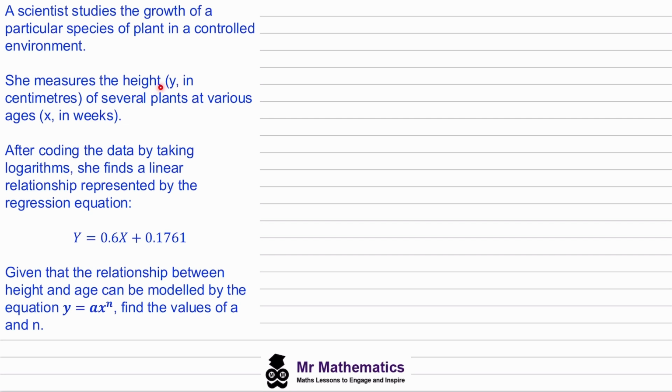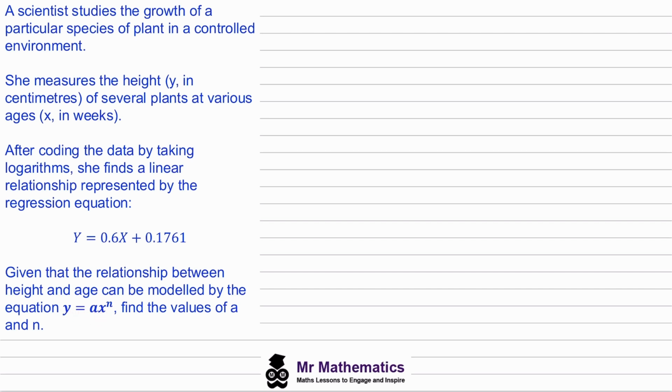She measures the height y of several plants at various ages, and after coding the data by taking logarithms, she finds a linear relationship represented by this regression equation. Given that the relationship between the height and the age can be modeled with this exponential equation, we need to work out the values of a and the values of n. So do you want to give this question a go? You can start by taking logs of both sides of this exponential model.